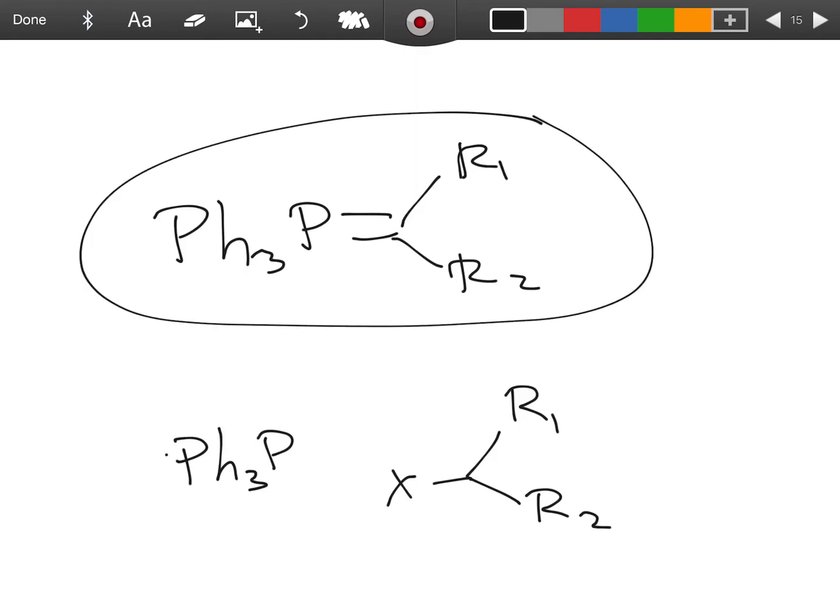These don't give you good EZ selectivity. Same with ketones. They don't give you good EZ selectivity. You get good EZ selectivity with aldehydes. And that makes sense if you think about the transition state, because when you have an aldehyde, you're differentiating the size of a hydrogen and a carbon chain.